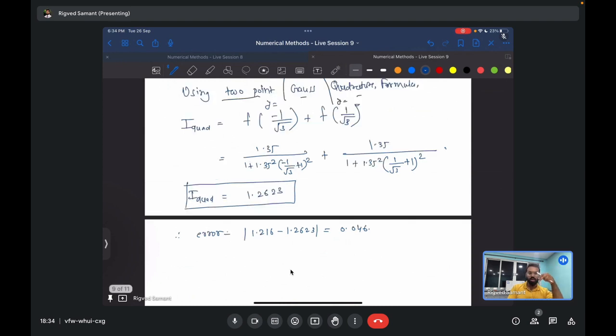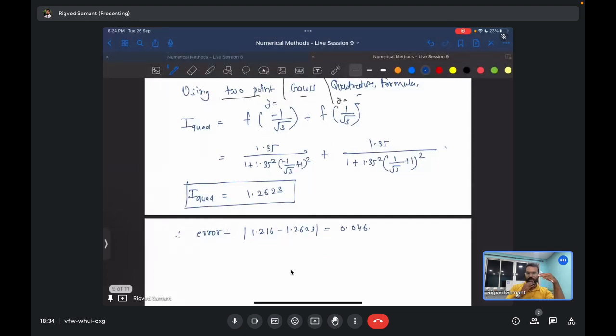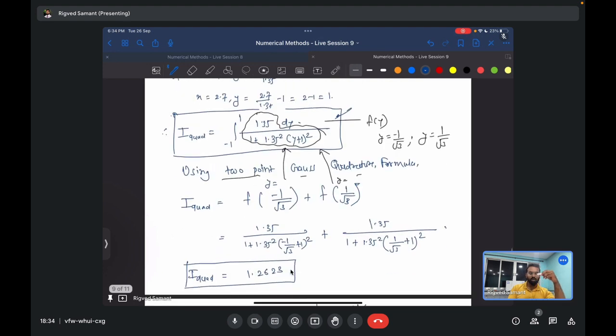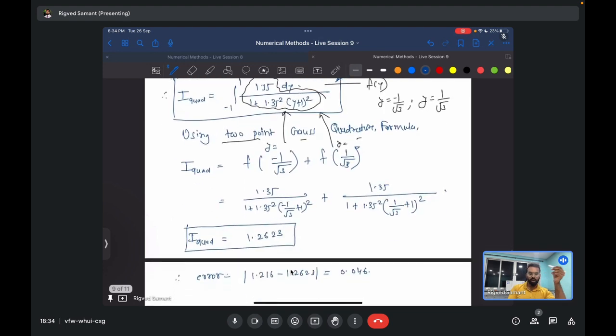Now here is an altogether different way. It changes the limits of integration from whatever you have been given to minus 1 to 1, and then goes down to the solution. It has a 1-point, 2-point, and 3-point quadrature formula also. Here we have only discussed 2 points, but you can also solve it using 3 points.